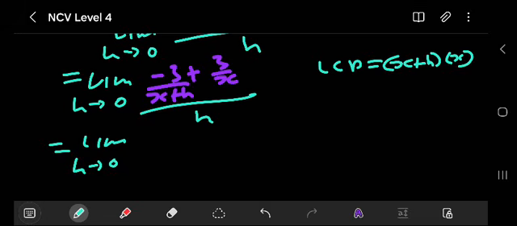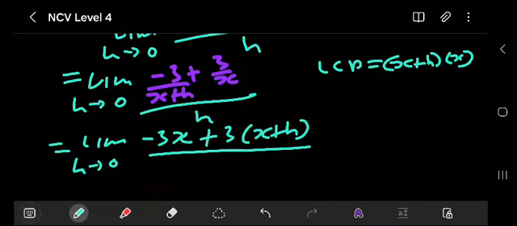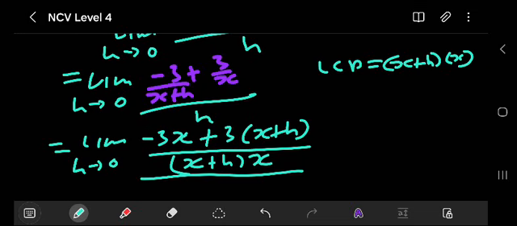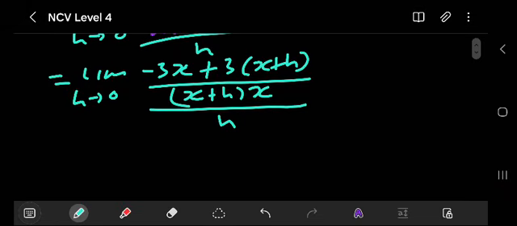So we will have minus 3 multiplied by x, then plus 3 into x plus h, all over x plus h multiplied by x, all over the original h at the bottom. So this is what we have.